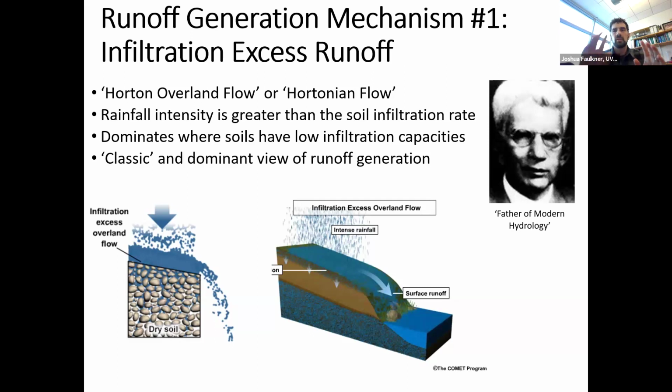It was discovered by this guy, Horton, who was a civil engineer, but you can kind of see, I think the image on the lower left corner of your screen provides an example of how this runoff occurs. It's raining much harder than the soil can infiltrate, right? The rainfall rate is higher than the infiltration rate. So we start to get runoff.